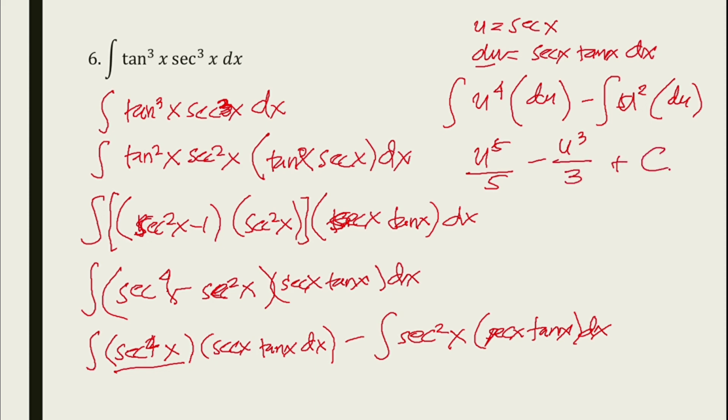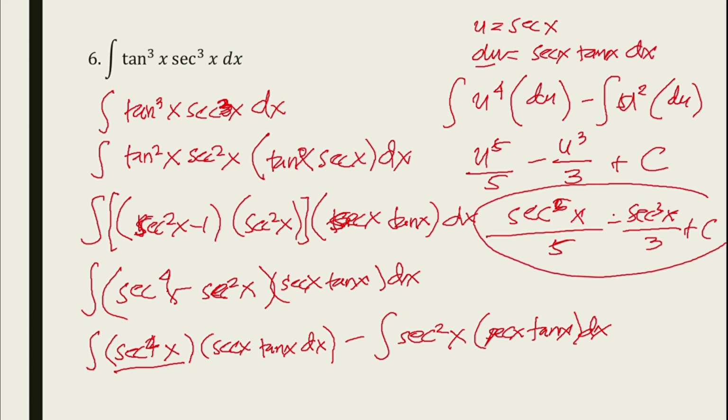What is our u? Secant. So secant to the 5th x over 5 minus secant cubed x over 3 plus c. This is the answer for number 6.